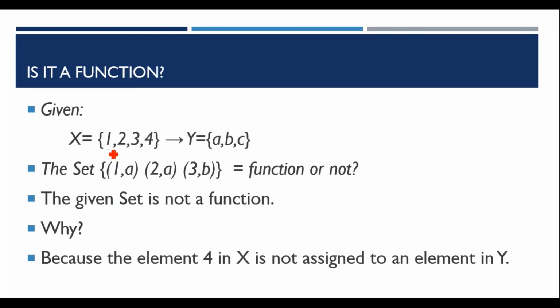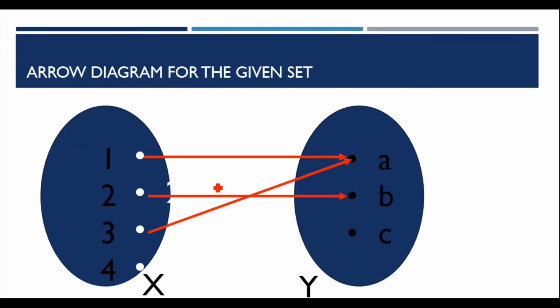We have here element 1 is being assigned to element A of set Y. 2 is also assigned to element A of set Y. 3 is assigned to element B of set Y, but not 4. Okay, 4 was not assigned to any element in set Y. So that is why the set here is not a function.